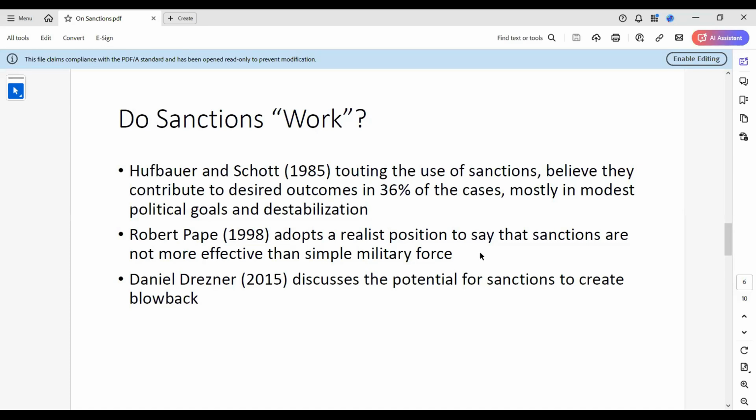And Dresner takes a different take on Pape's work. He draws a lot from Pape and says that there are potentials for sanctions to create blowback, which is also something you need to be concerned about. That's what we need to be concerned with: the expectation that sanctions will create blowback for us. So when our government sanctions another country, does it create more problems for us?